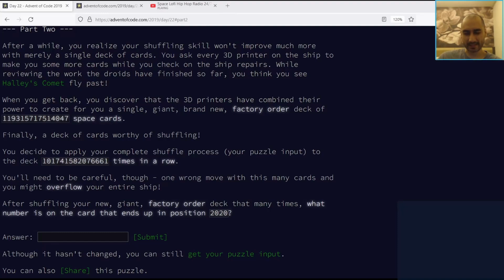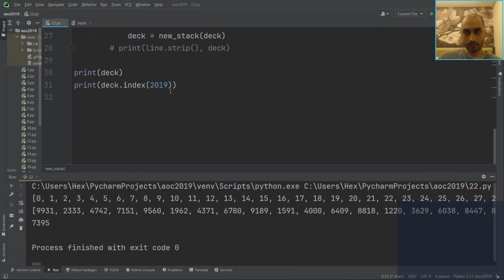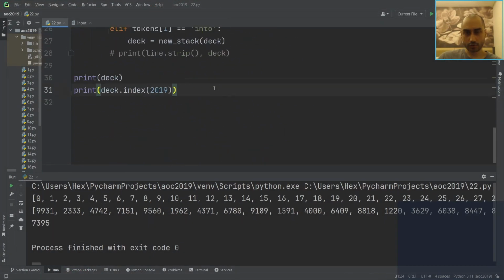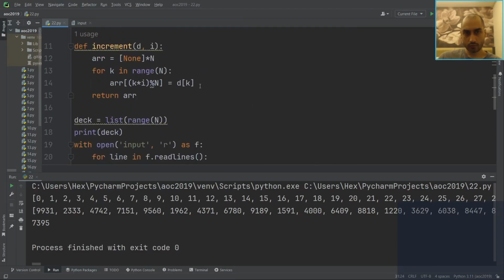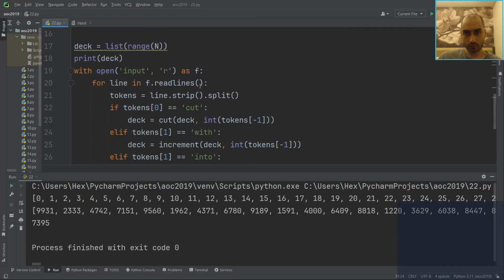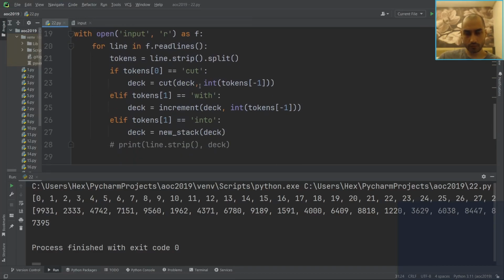Just what will the next step be? I'm not entirely sure. All right, so I think let's just get a list of indices of where 2020 ends up.